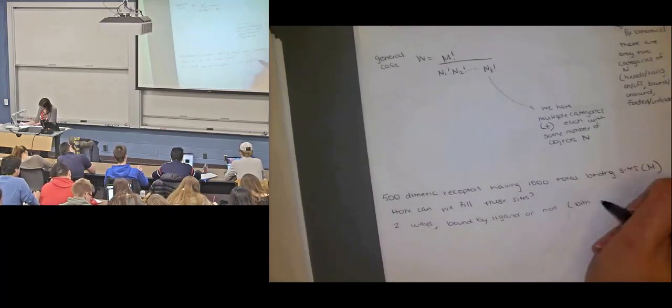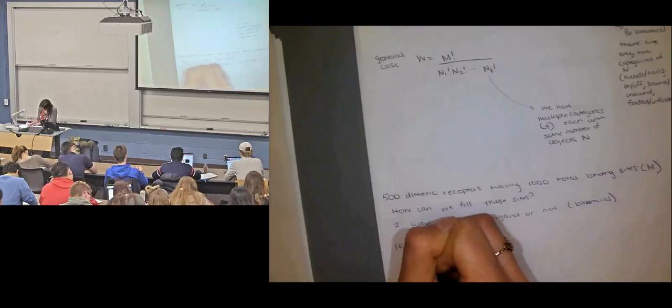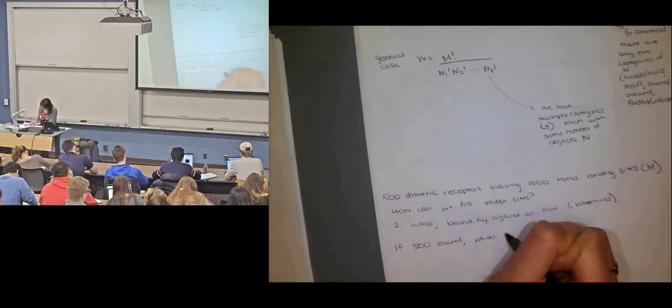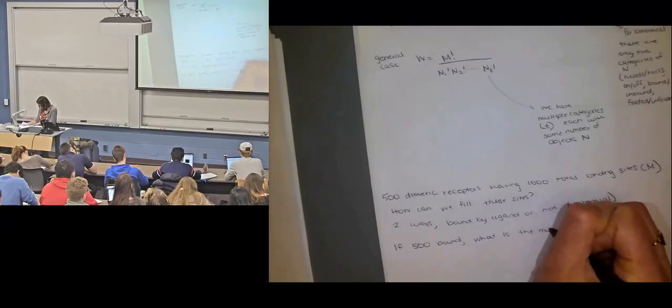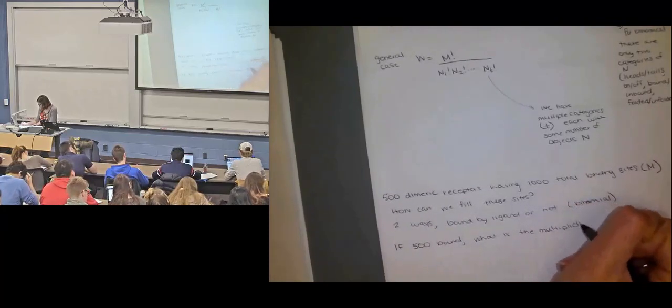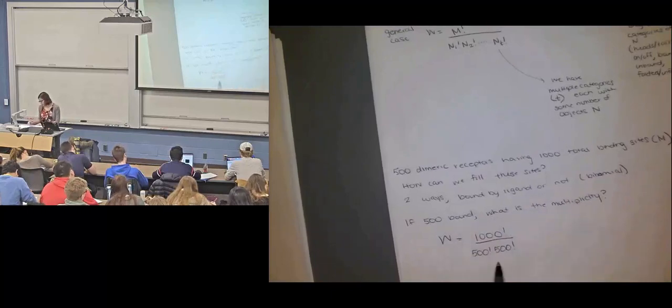This is representative of binomial case. If 500 are bound, what is the multiplicity? How many different ways can that happen? The multiplicity will be given by 1,000 factorial divided by 500 factorial times 1,000 minus 500 factorial, if you want to look at the binomial case.